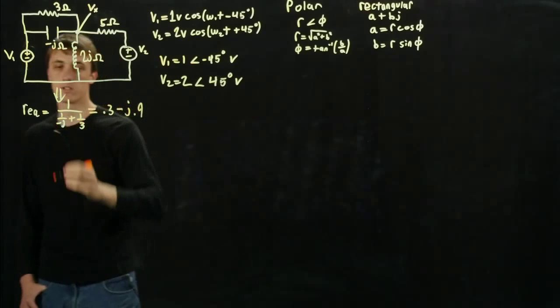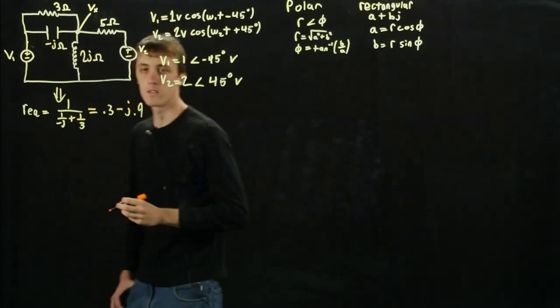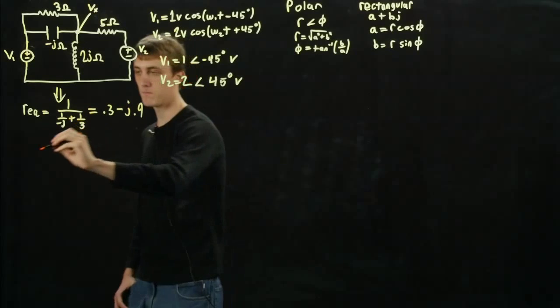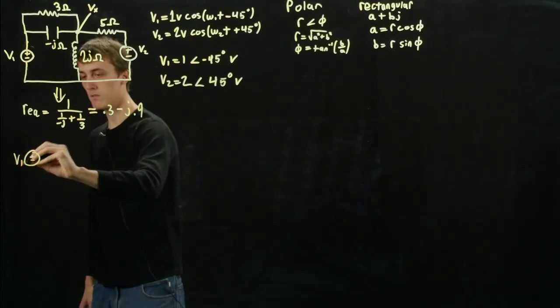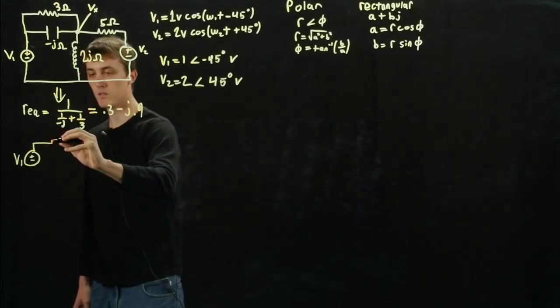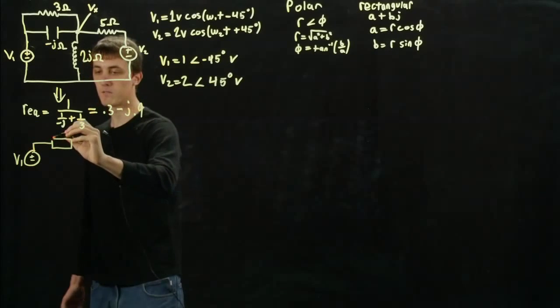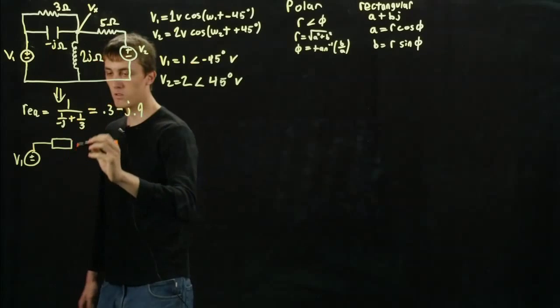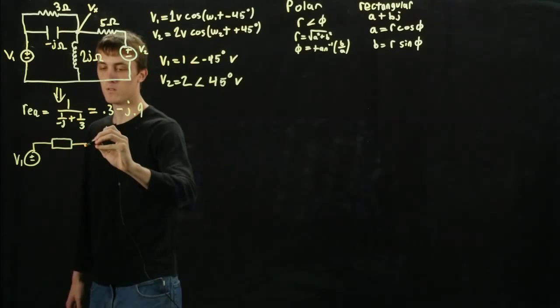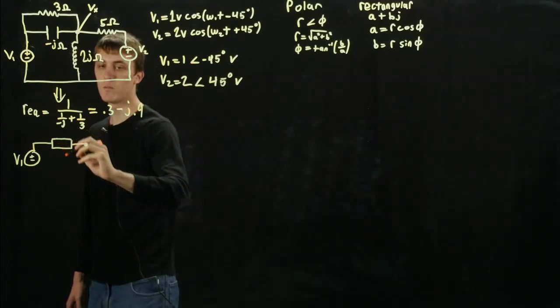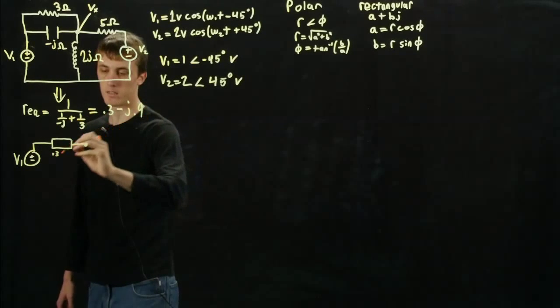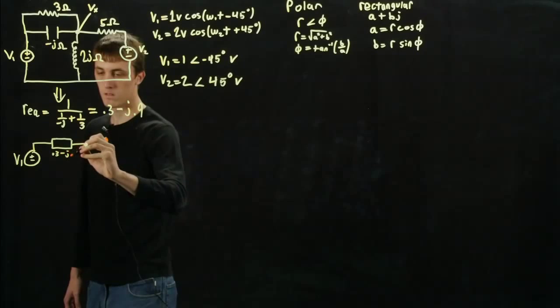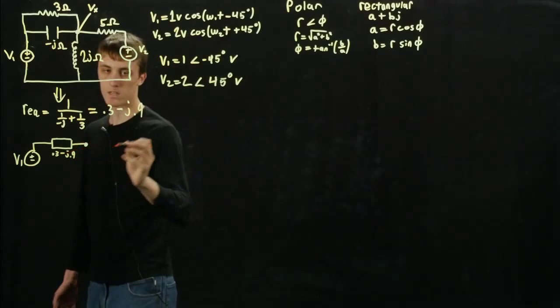Next, I'm just going to redraw the circuit to make it easier to see. It'll just be a V1 with a block for resistance. Usually we will denote impedances in block form and just write the complex rectangular form of the impedance like that.